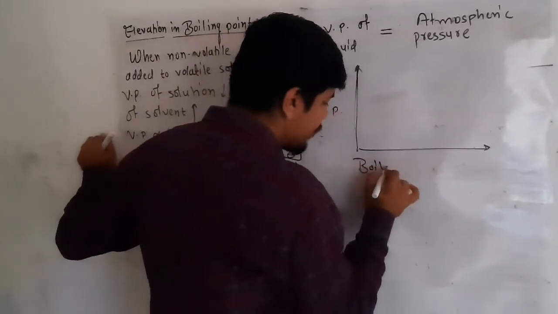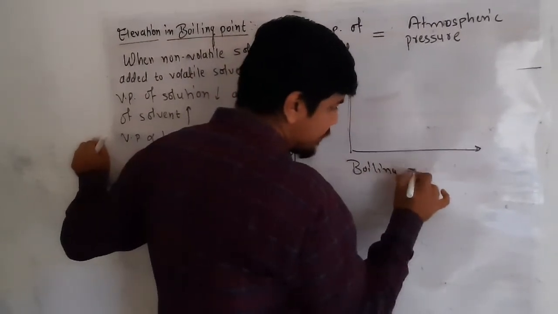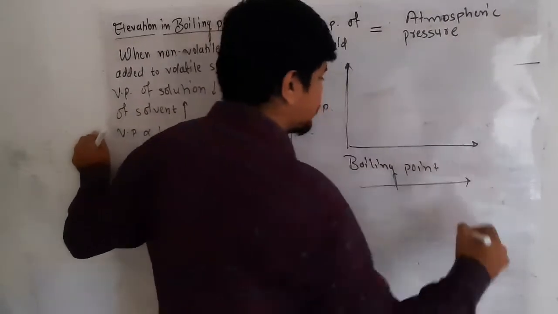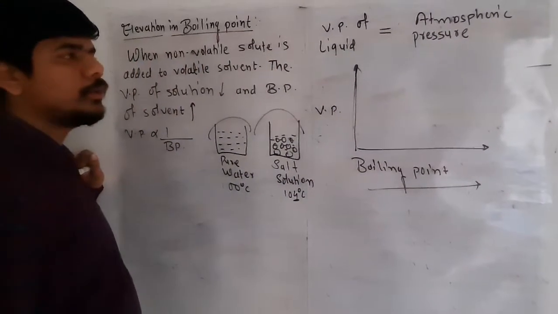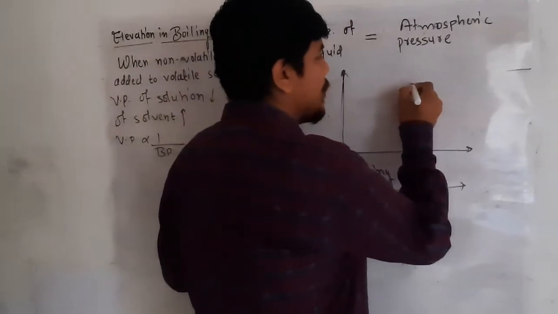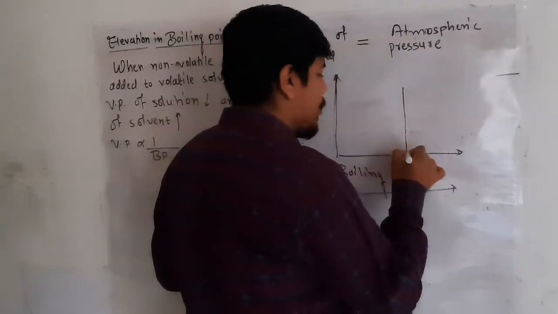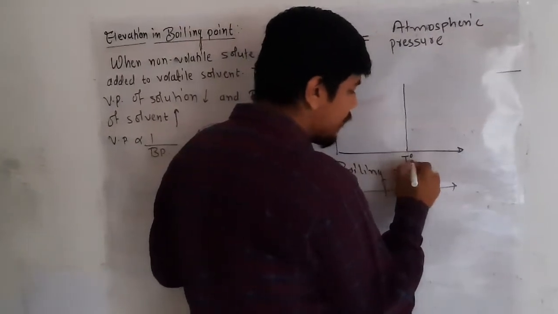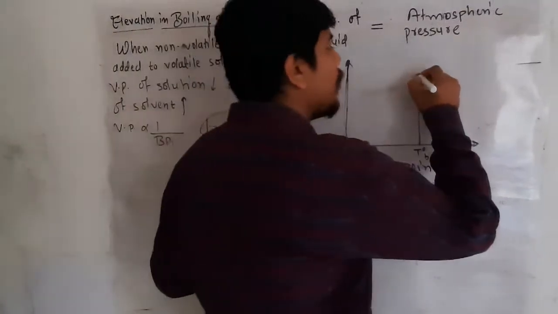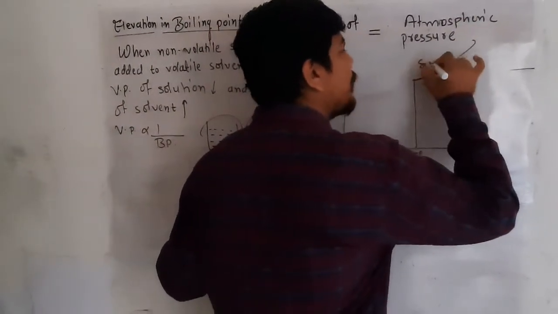Suppose this plot is for T0B, which means the pure solvent, pure water.